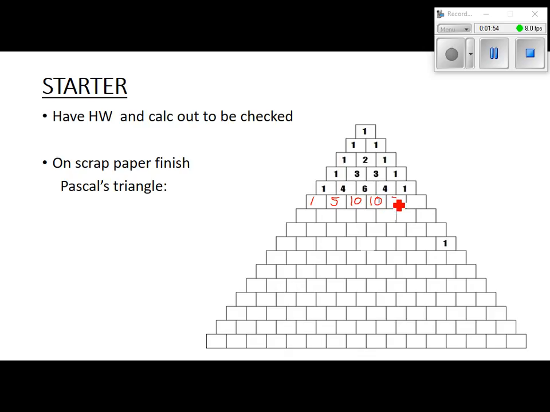Here? 5. 1. 1 here again. 6. 15. 20. What here? 7. Here? 21. 35.